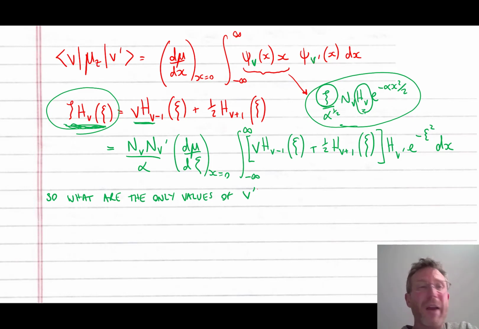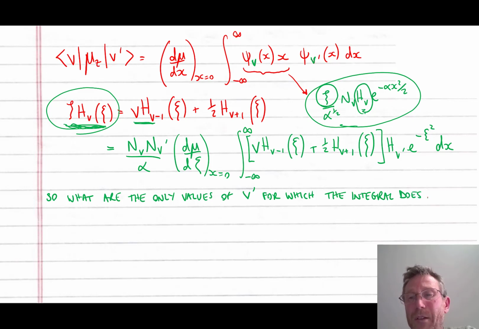I'm going to get a spectroscopic signal that I can measure. So what are the only values of v' for which the integral does not vanish? And here I'm using the principles of orthogonality again.